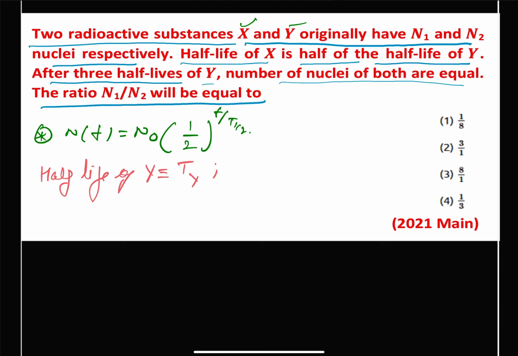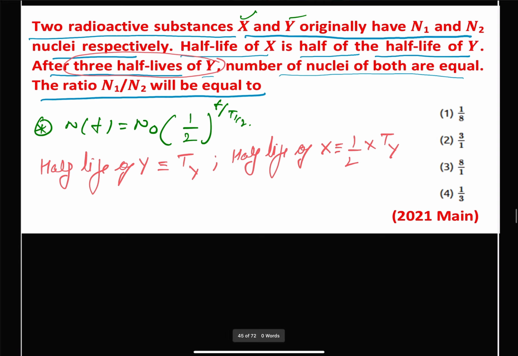So from here we can say that half-life of X will be equal to half of the half-life of Y, that is 1 by 2 multiplied by Ty. And we are supposed to find out after 3 half-lives of Ty.